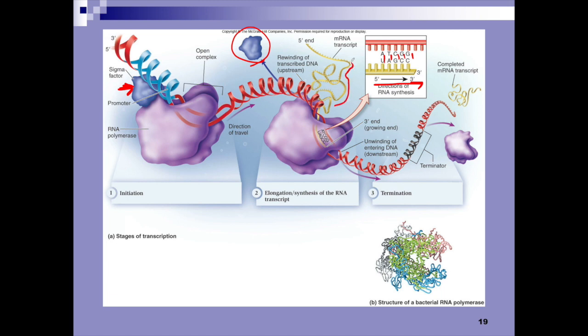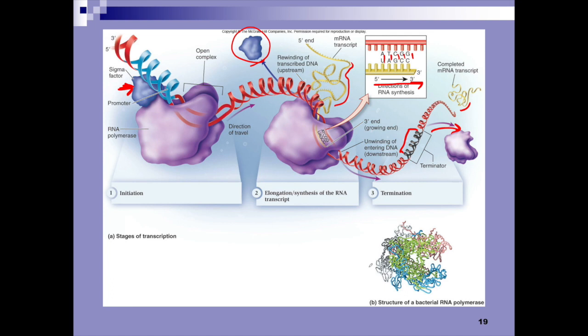And this, of course, creates this big, long mRNA transcript. Once it reaches that termination sequence, then termination will occur. The RNA polymerase will dissociate or come off of the DNA molecule, as well as release the completed mRNA transcript so that the transcript can then later be processed.